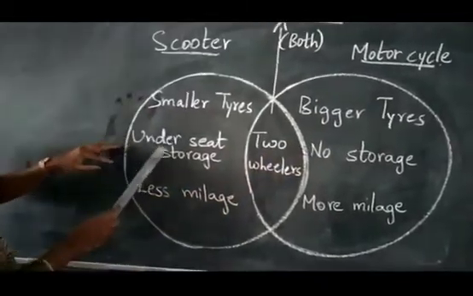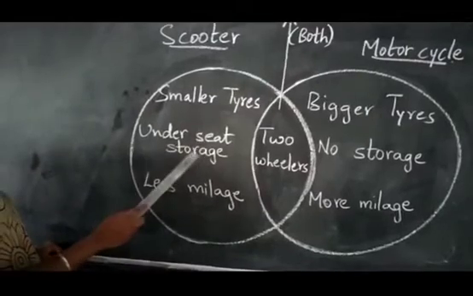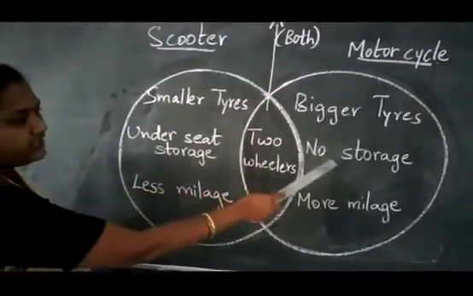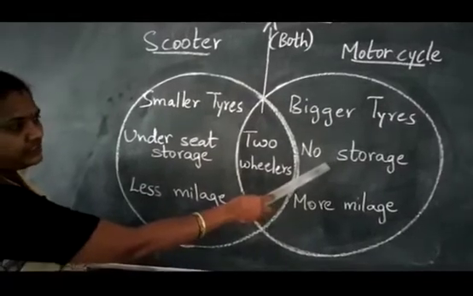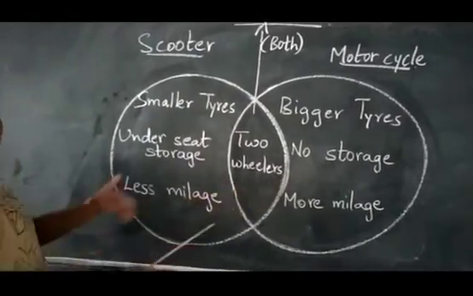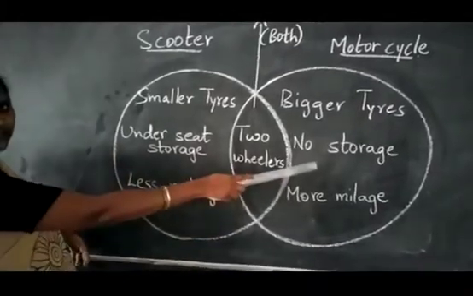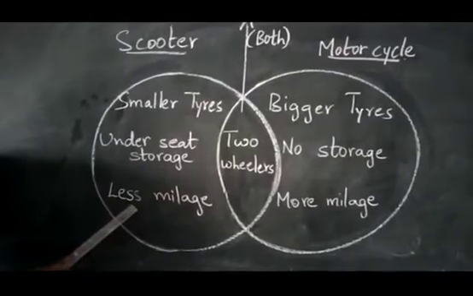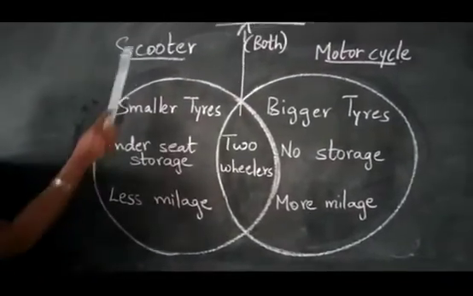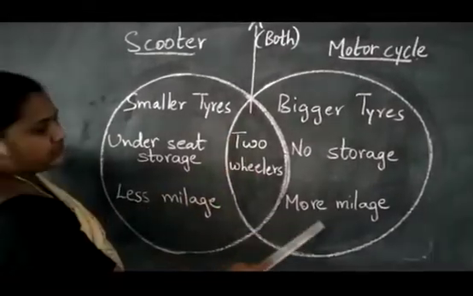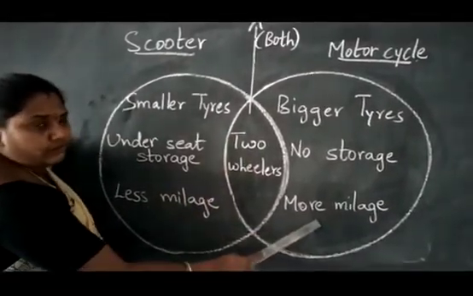And scooters have under-seat storage. Under-seat storage means you call it a dicky, right? And for a motorcycle, do you have any under-seat storage? No, we don't have. Only one small pouch will be there in front on the petrol tank, right? And coming to the mileage, a scooter gives less mileage, whereas a motorcycle gives more mileage.